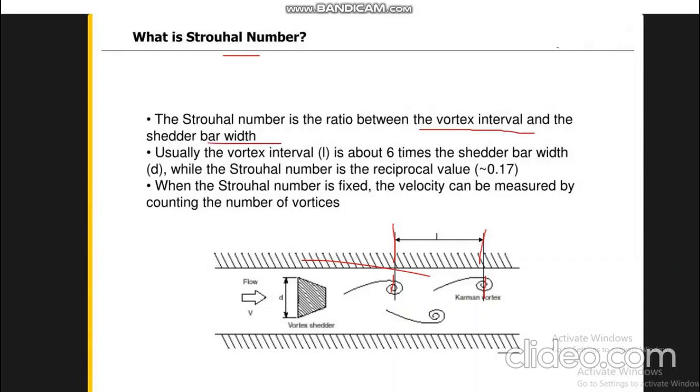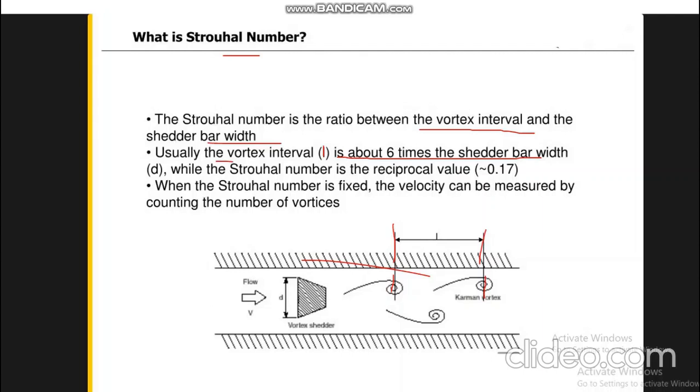Usually the vortex interval, denoted by capital L, is about 6 times the shutter bar width. With that, the Strouhal number is the reciprocal value, around 0.17.